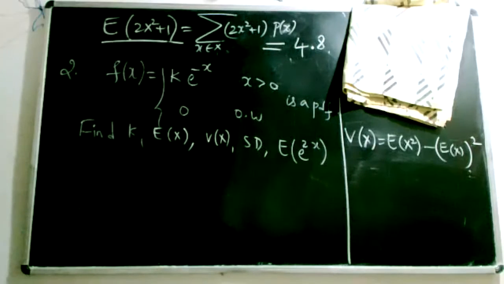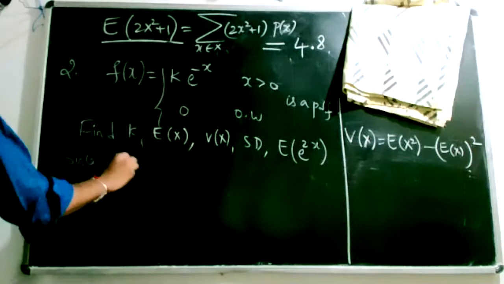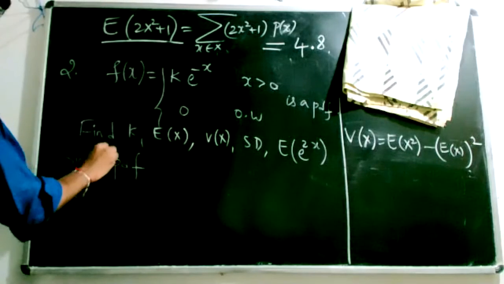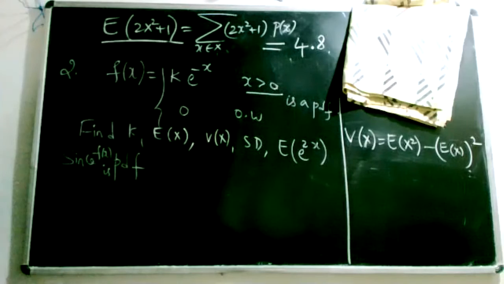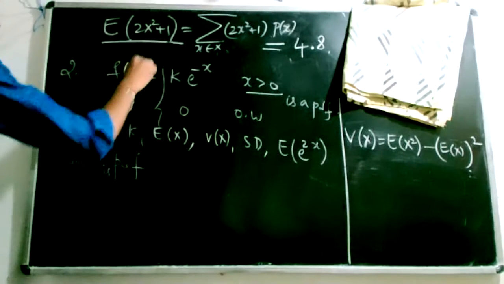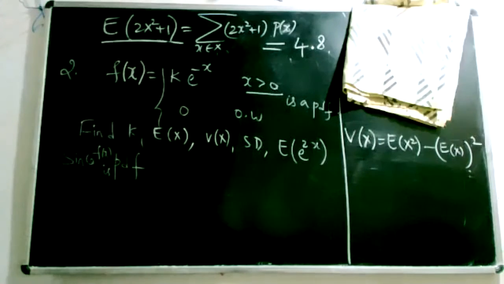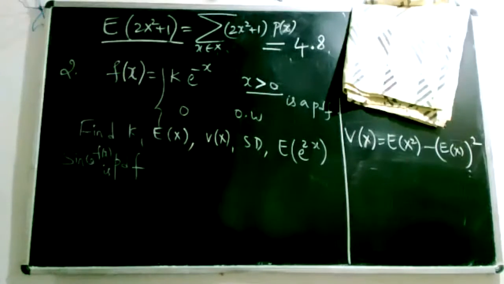Okay, evaluate k and tell me the value of k. Since f of x is a PDF and it is a continuous case. How do you know it is continuous? You have to look at the range. If x is given as equal to 1, equal to 2, equal to 3, then it is discrete. If they have given the range as in between something, then it is a continuous random variable.